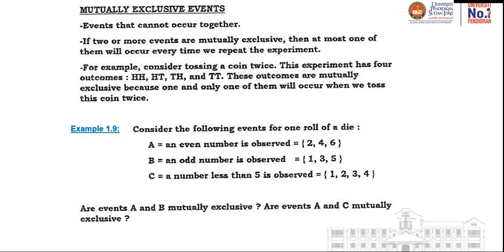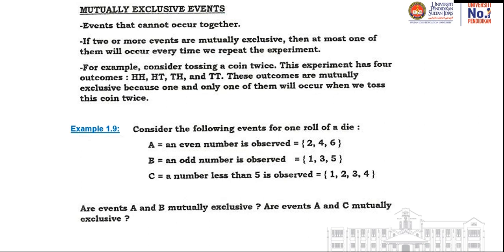You have compound event A: 2, 4, 6, compound event B: 1, 3, 5, and compound event C: number less than 5, which is 1, 2, 3, 4. The question is, are events A and B mutually exclusive? Are events A and C mutually exclusive? You need to check A and B, then check A and C.